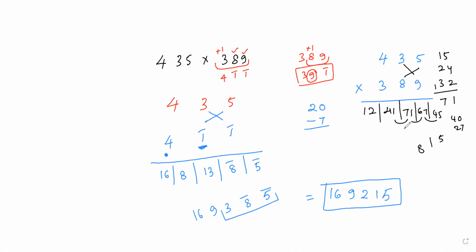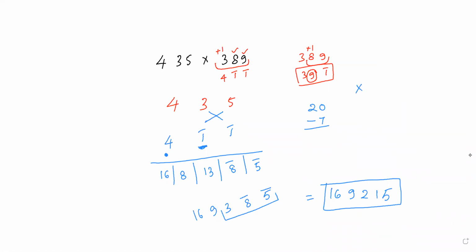Let me check it. Not 8 we will get. Let me rewrite this question. Somewhere I did a mistake, or maybe I will do some mistake in this case also, I don't know. 4, 3, 5 and 4. The question what is that?